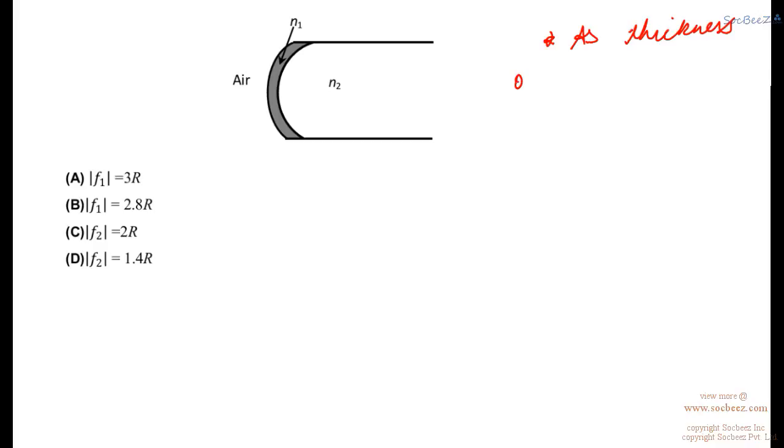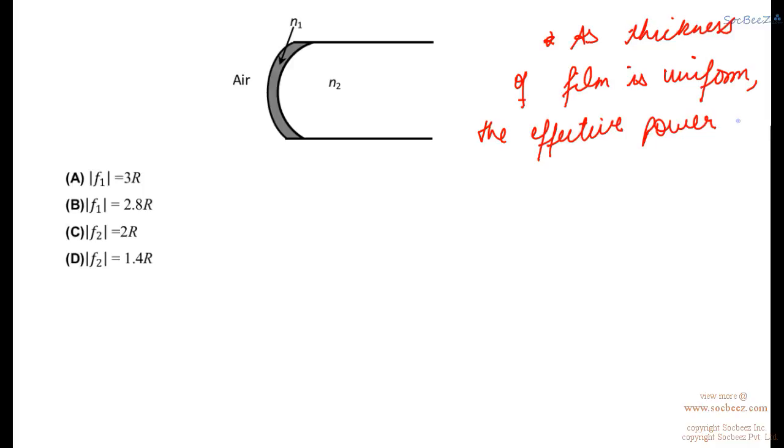As thickness of film is uniform, the effective power of the film is 0.